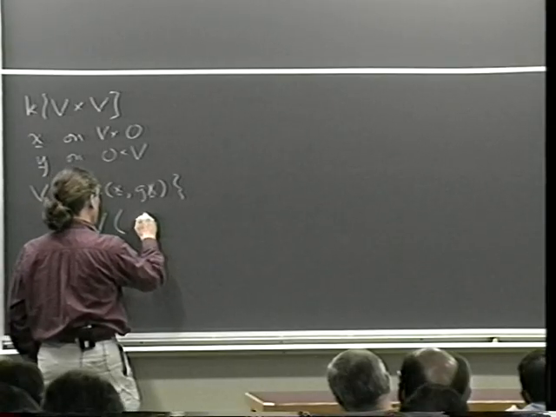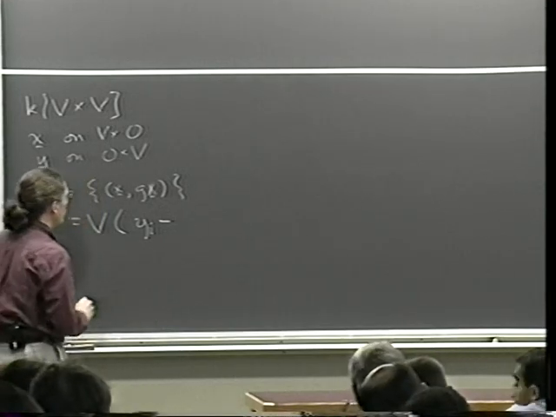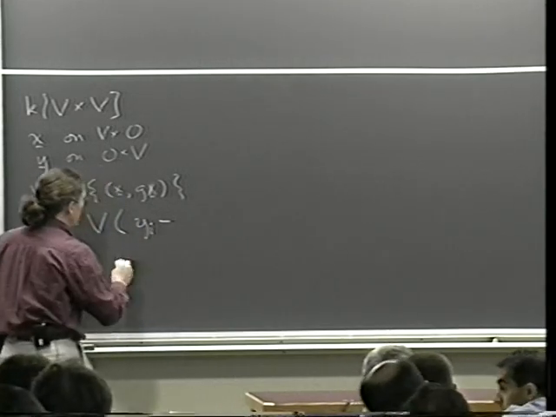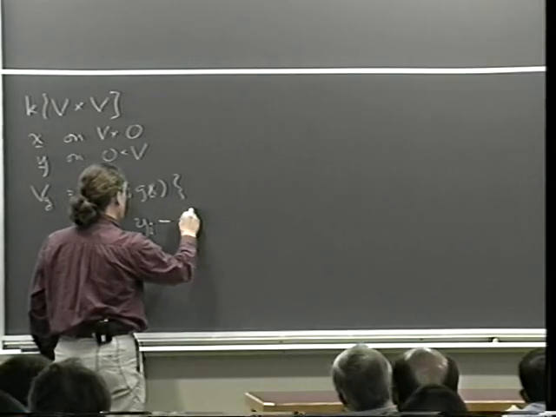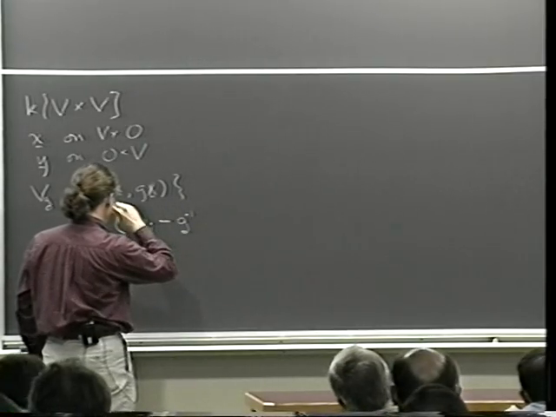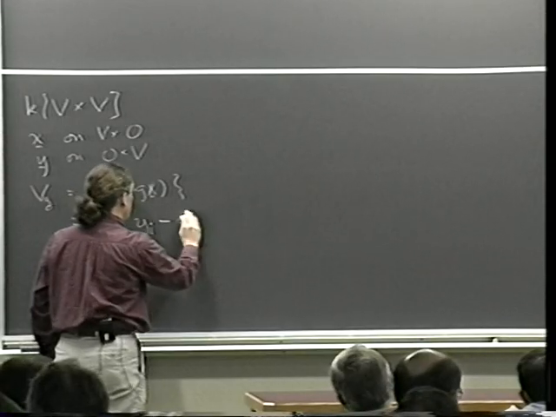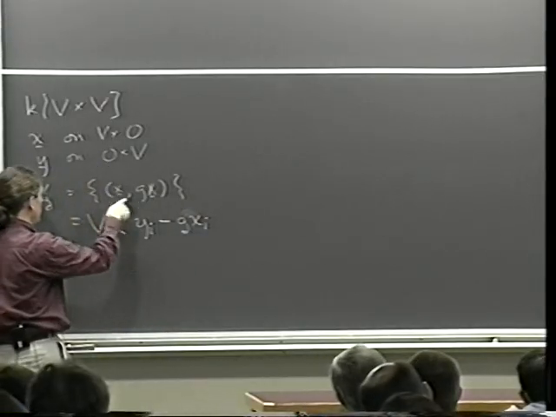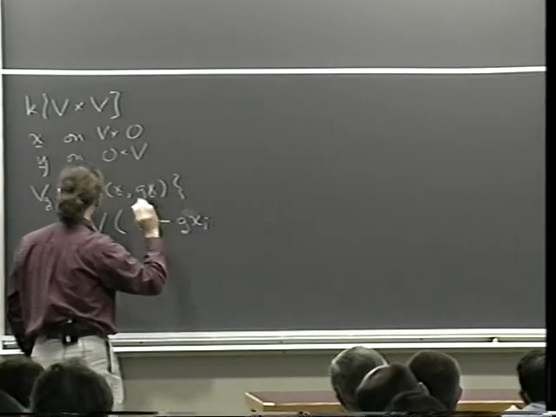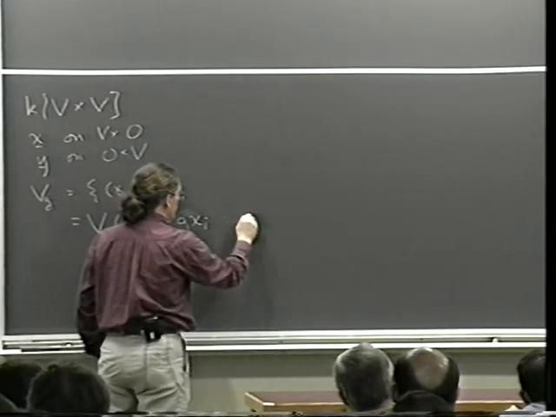So y_i minus g x_i. I have to be a little careful here because I think y_i should be g inverse of, no, I guess it's okay. There's some issue about whether it's g or g inverse here, which I don't want to think about. It doesn't matter. So for all i.